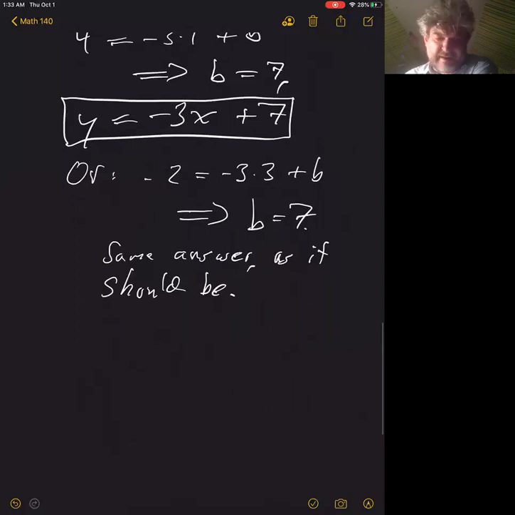Okay, last bit. A more general form for the equation for a line is called the point slope form.